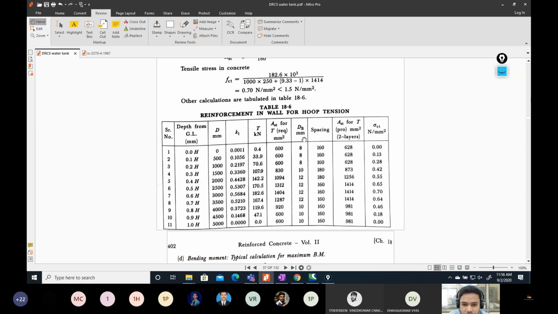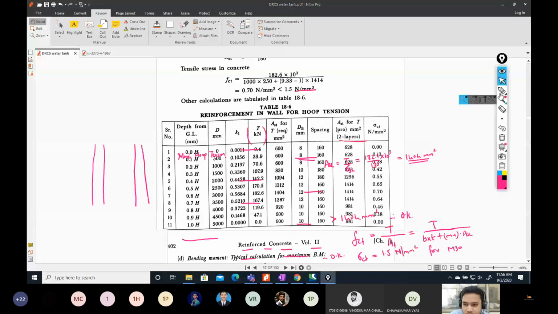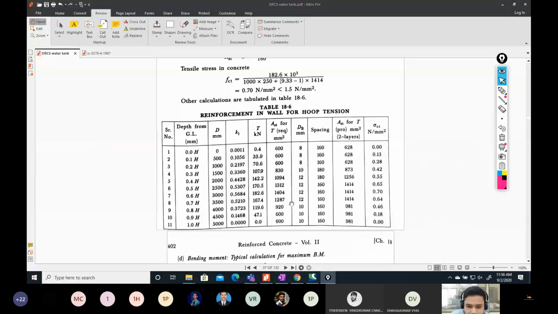Since these hoop steels are provided in circular ring form, they can be of different diameter. So here different diameters have been clubbed. The reinforcements are clubbed. For example, see the moments from here to here, they are not much varying.